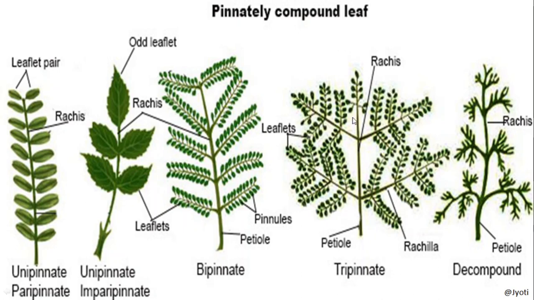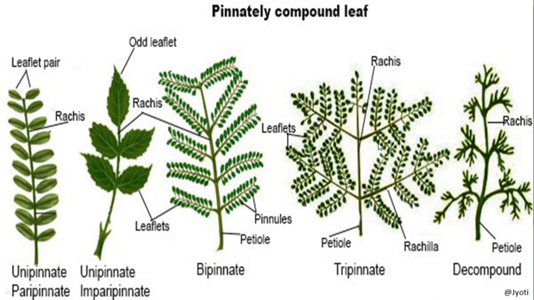tertiary. So here you can see this is the main rachis, then it is divided once, then again, so this is one rachis, then second division, then third division, and then it contains the, so these branches of the rachis are called rachilla. Remember, the branches of the rachis are called rachilla, and these rachilla are further divided and that contains the leaflets.